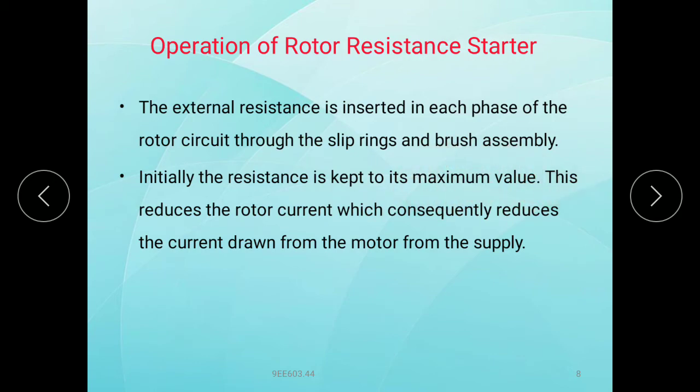This reduces the rotor current, which consequently reduces the current drawn from the supply. So very carefully listen to this one: the current drawn from the supply.